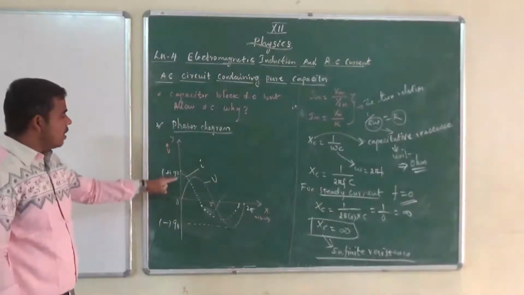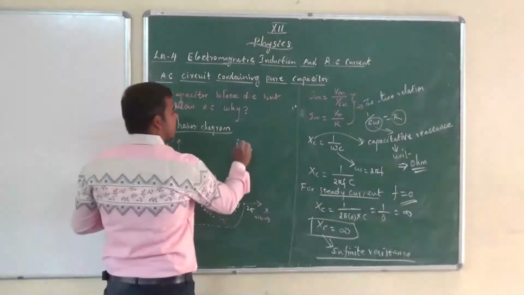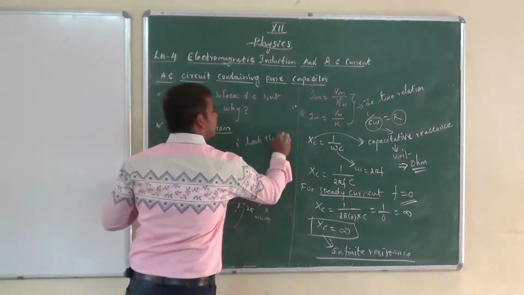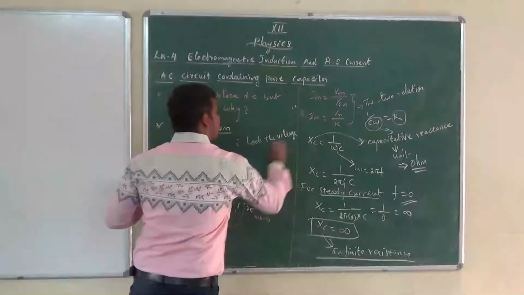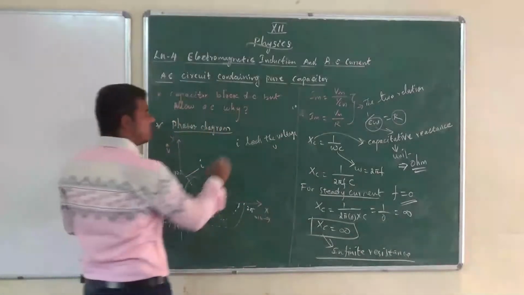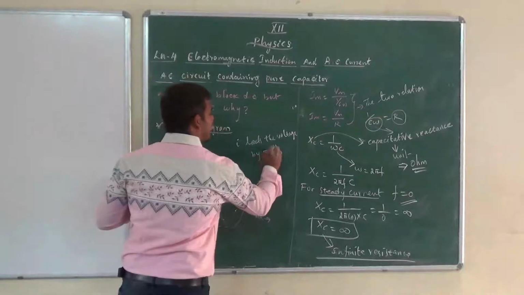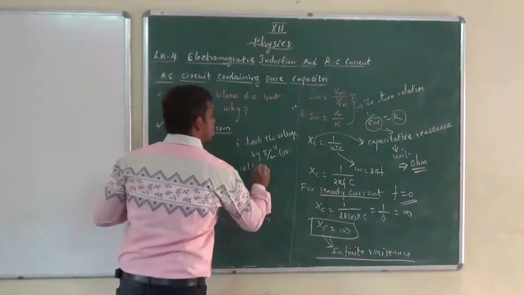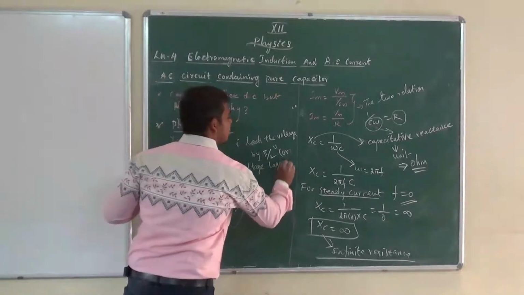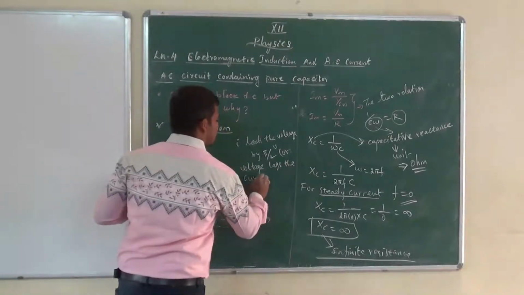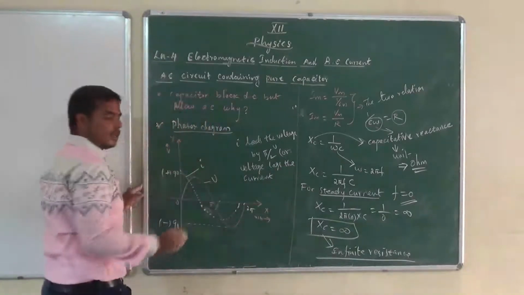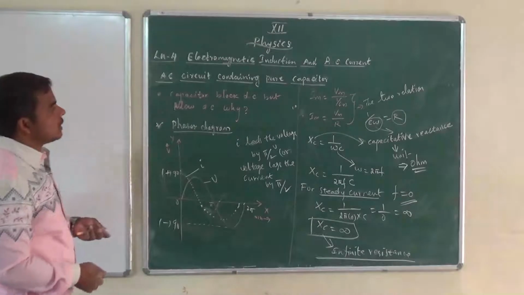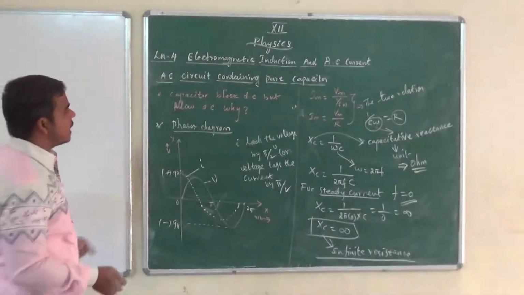See the diagram. The current leads the voltage by pi by 2. Voltage lags the current by pi by 2. Important one more question: see our final equation we got.